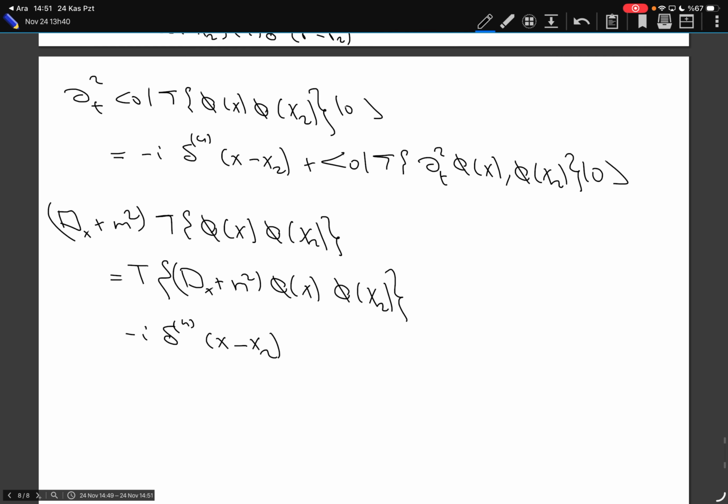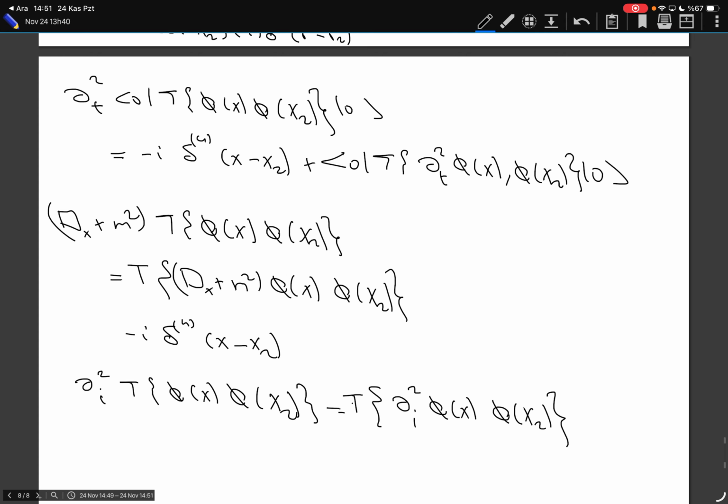Why did we not calculate the spatial derivative of that? We look at the time derivative because the time-ordered product has a complicated time dependence. It doesn't care about the position. Del i squared of the time ordering is just, in the definition of time ordering, I have these step functions that depend on time.